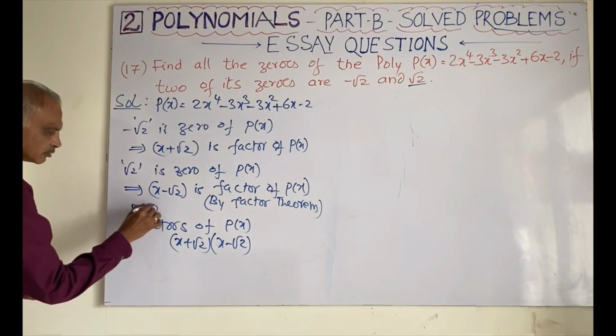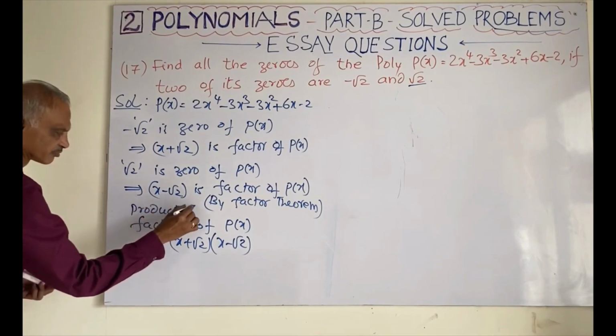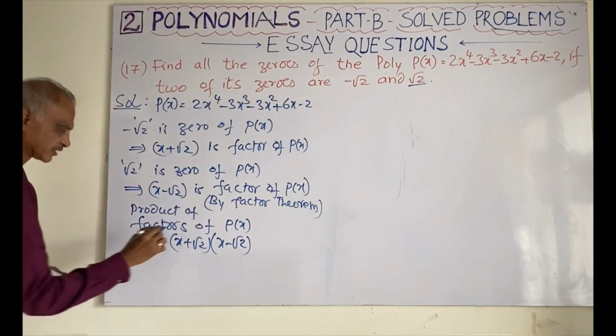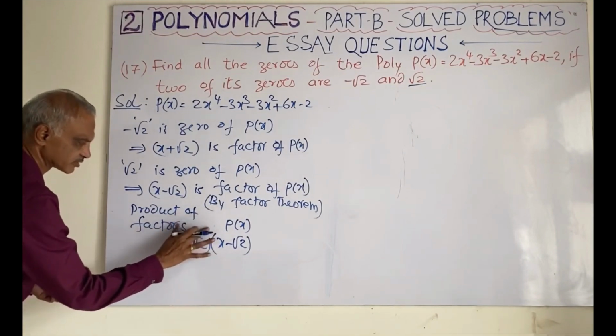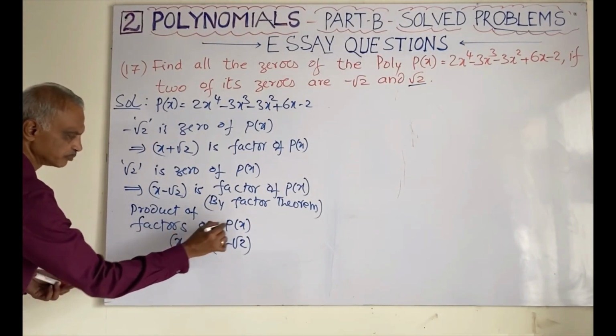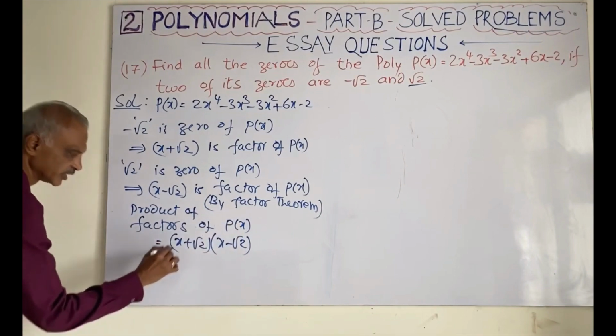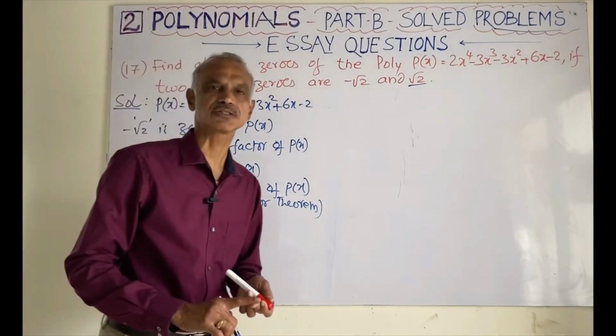Product of the factors of p of x is equal to x plus root 2 into x minus root 2.